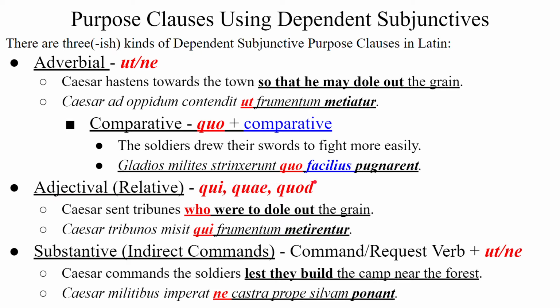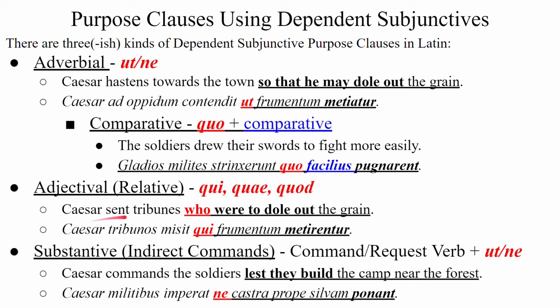They're pronouns in that they take the place of a noun, but they introduce adjectival clauses that give more information about nouns. So they're translated pretty much the same way as the adverbial kind, only it's a little bit different in Latin. In English, there's not much difference in translation.